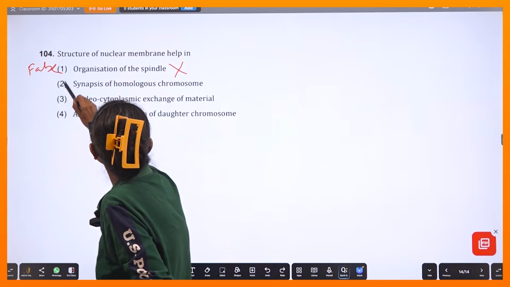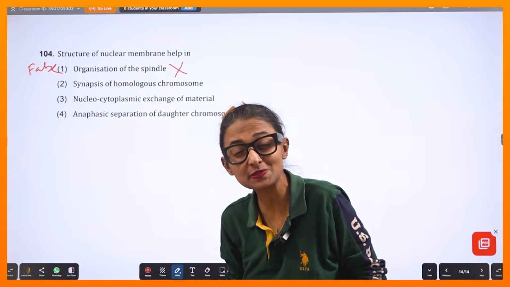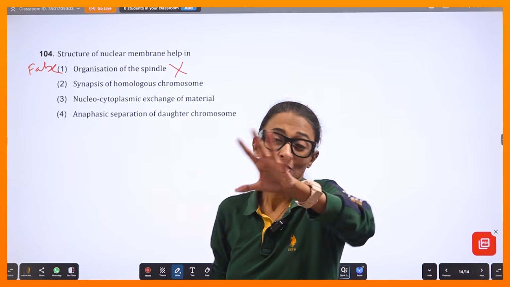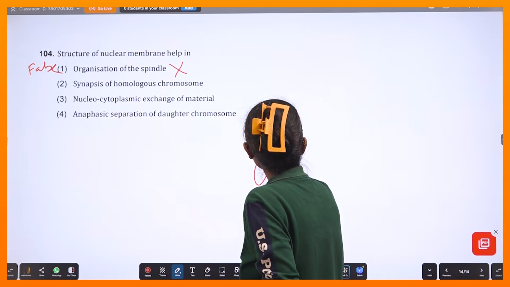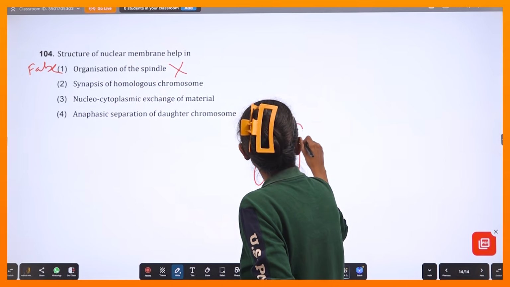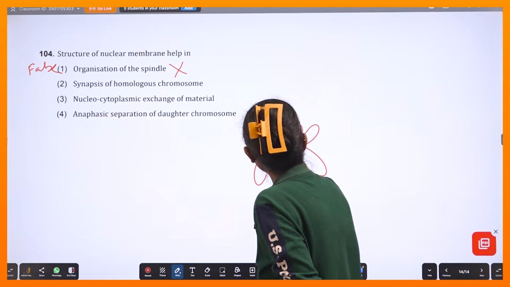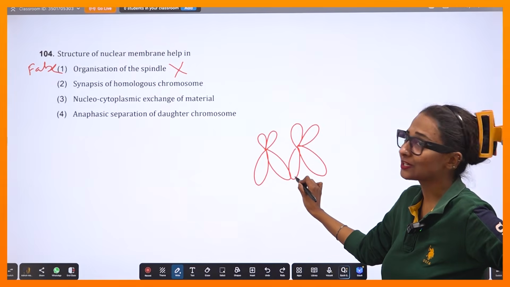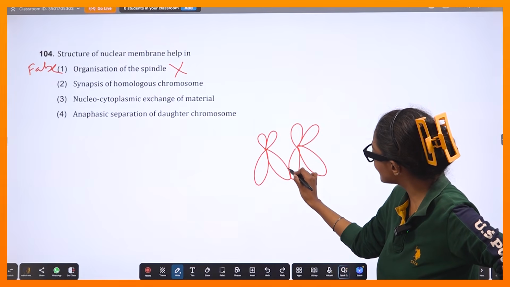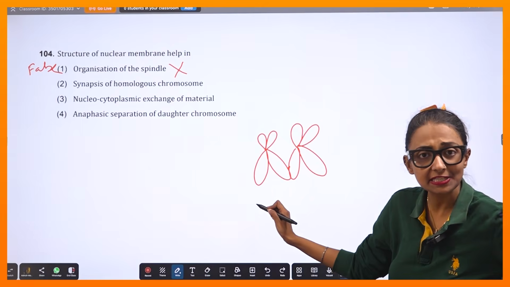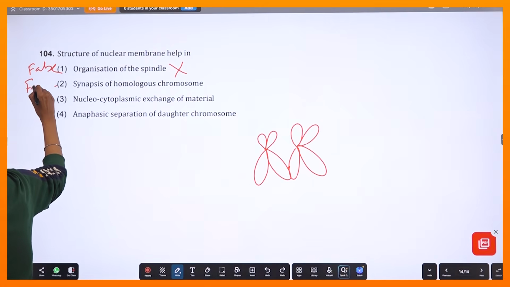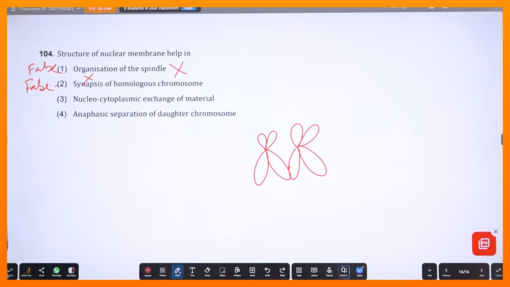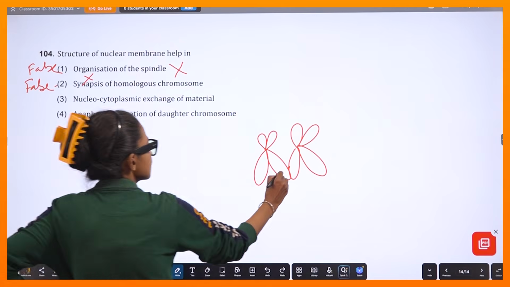False. Synapsis of homologous chromosomes? No. No. In synapsis of homologous chromosomes, this is how the synapsis is going to look. It's going to attach till here, and exchange of material is going to take place. No role. So this is also false. Correct. Okay, and these two are non-sister chromatids.